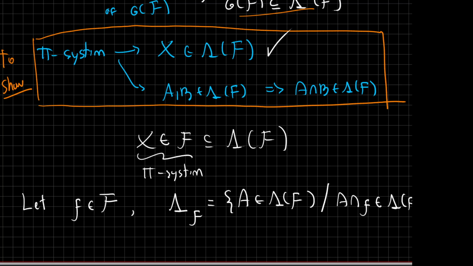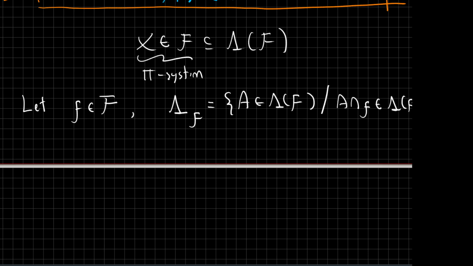So we need to show that this is a lambda system. Let me do it here. The definition of lambda systems is that it holds three properties, right? So the first one is that the empty set is inside this set.